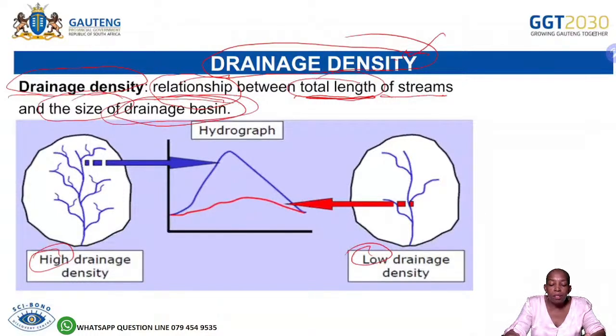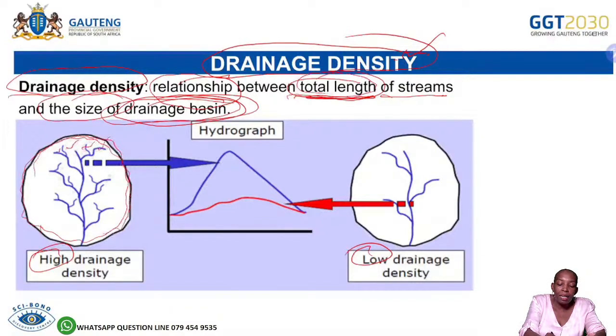So when we look at this diagram here that is illustrating to us a high drainage density, it would mean that when we go to the drainage basin, for example, this whole drainage basin, we calculate the total length of all the streams that we can find and identify here.